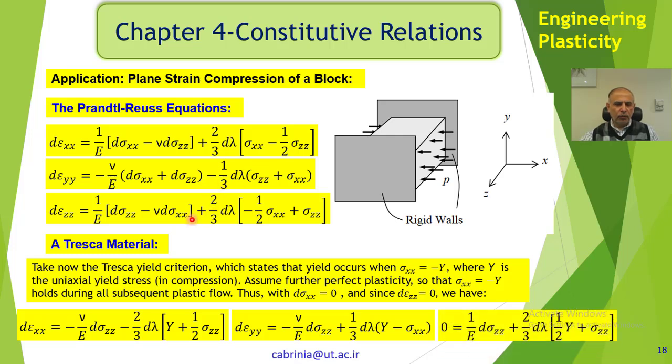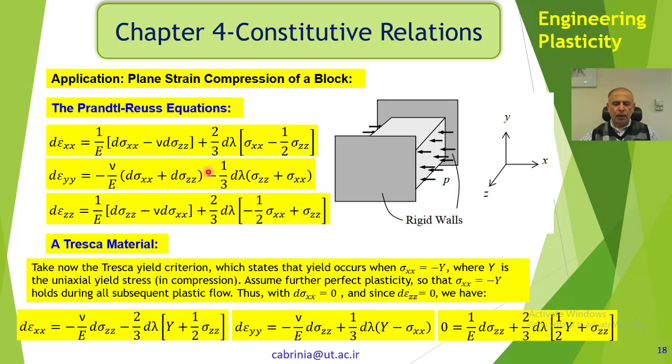And for the third equation, epsilon zz is 0 because in the z direction we don't have any deformation. So 1 over E, here we get this sigma zz, again here minus Y becomes 0, 2 over 3 d lambda, minus Y times minus is plus, so half Y positive and plus sigma zz.